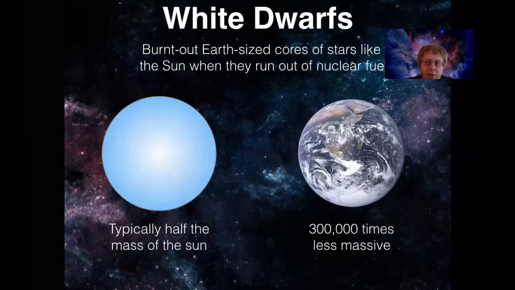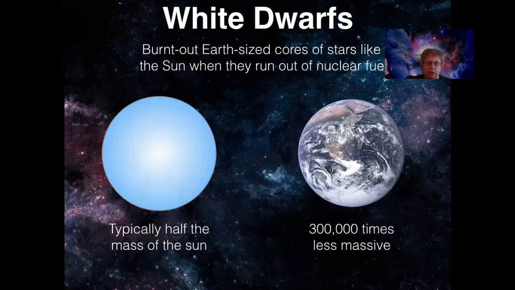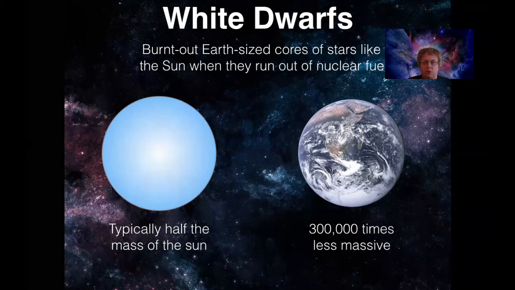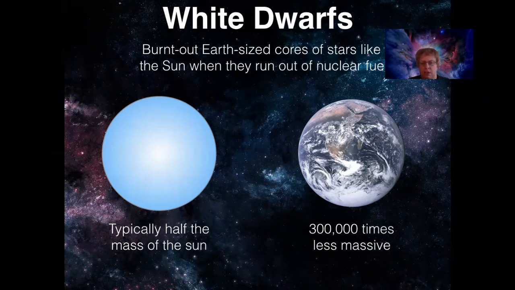After you blast off the outer layers of a star like a red giant, the core is left there. It's no longer burning hydrogen, but it is hot, and that's just leftover heat from the nuclear fusion that went on for the past billions of years. White dwarfs are strange objects. They are very massive. A typical white dwarf is about half the mass of the sun.